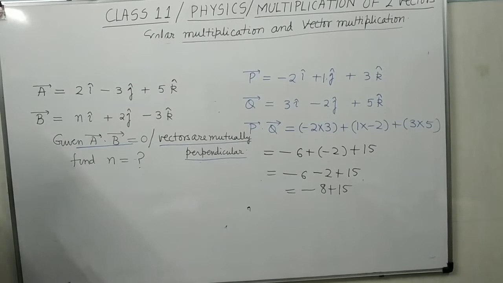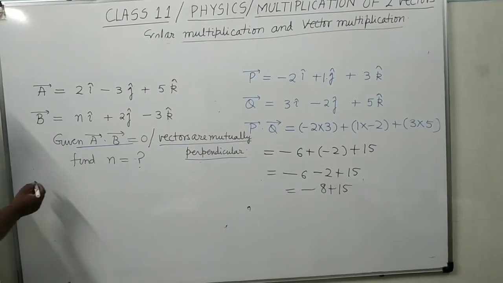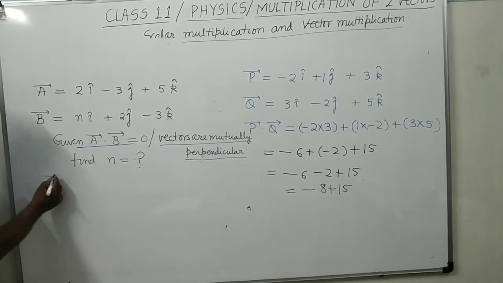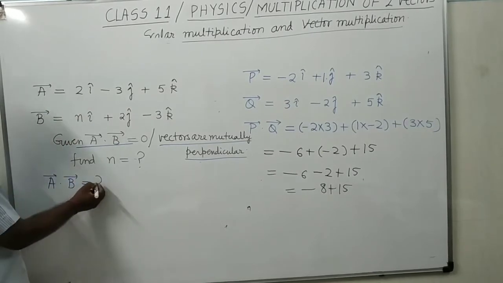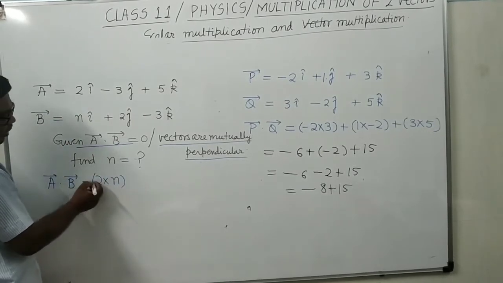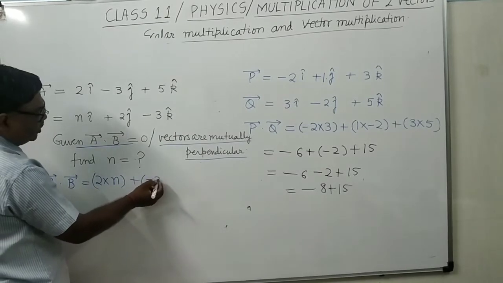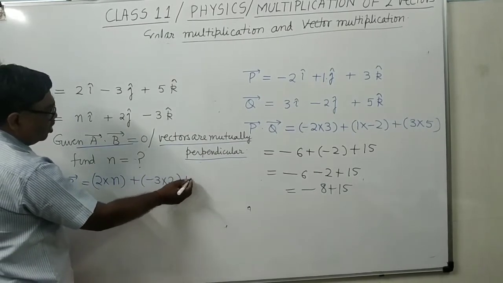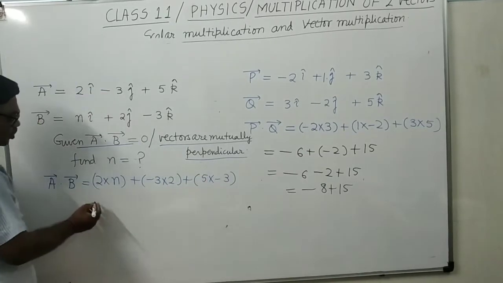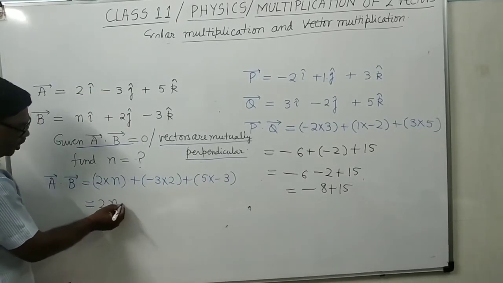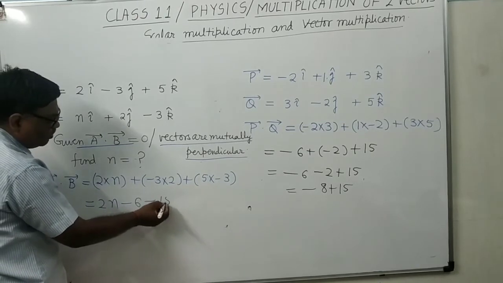Here you have to find the value of n. So first you find vector A dot vector B. So you evaluate 2 into n plus minus 3 into 2 plus 5 into minus 3. So this will be equal to 2n minus 6 minus 15.